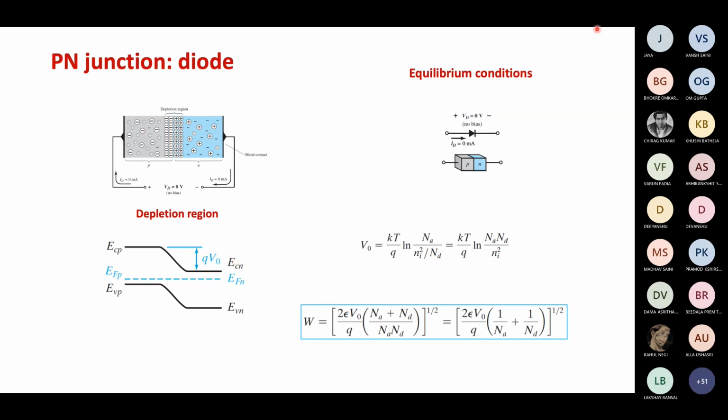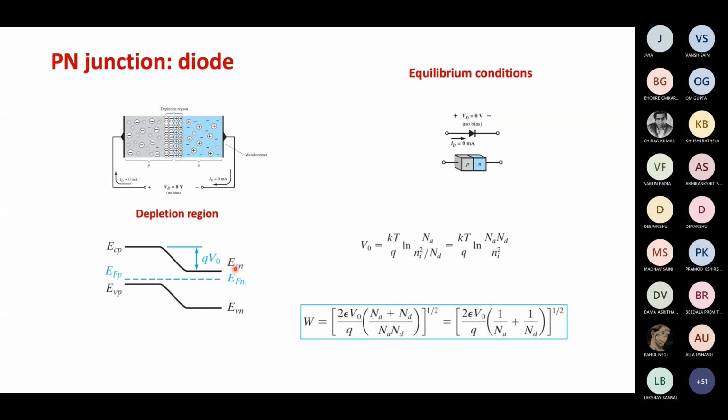Any other question? Because I'm sure by looking at the band diagram, there would be many questions that you might have. Sir, can you please tell what is the convention used here? EC, EN. What is this? So EC means conduction band edge.